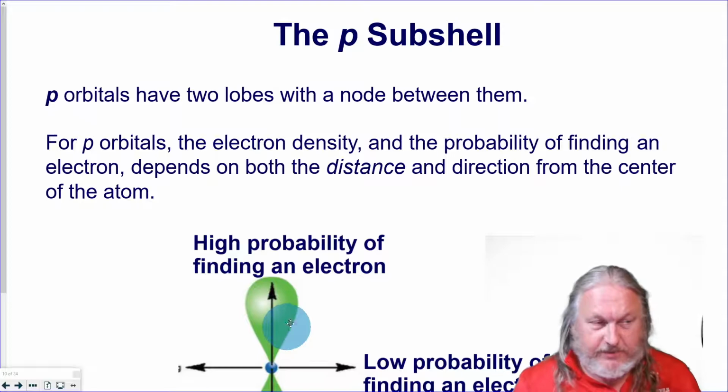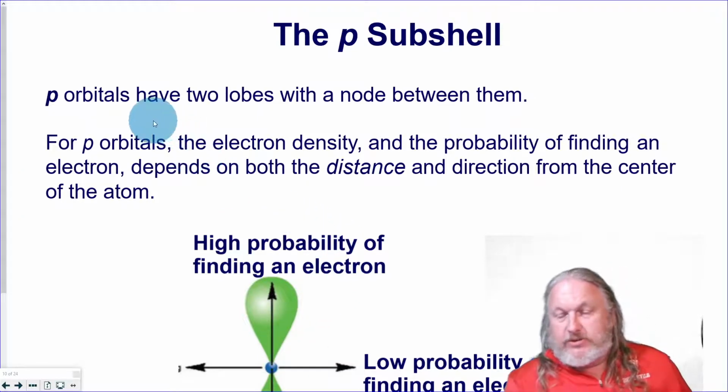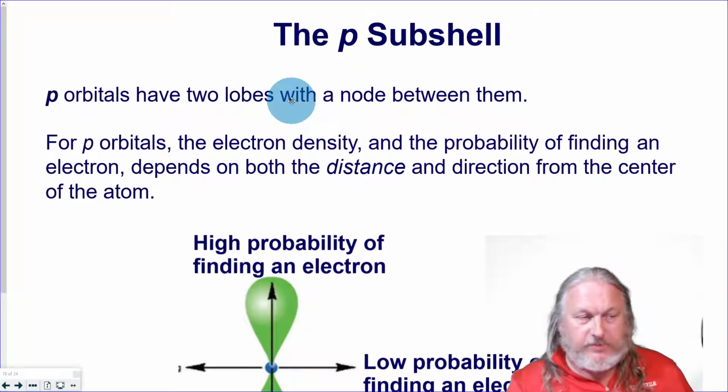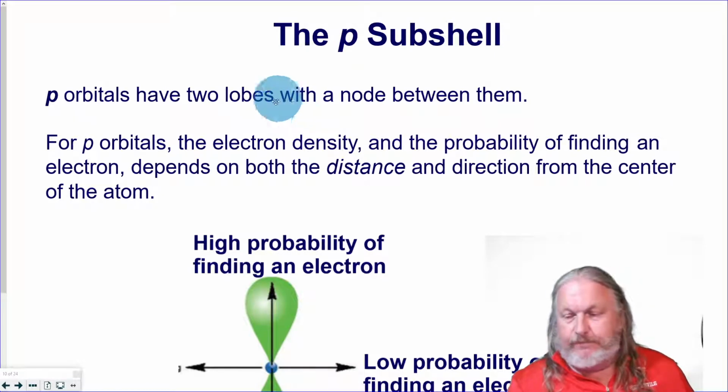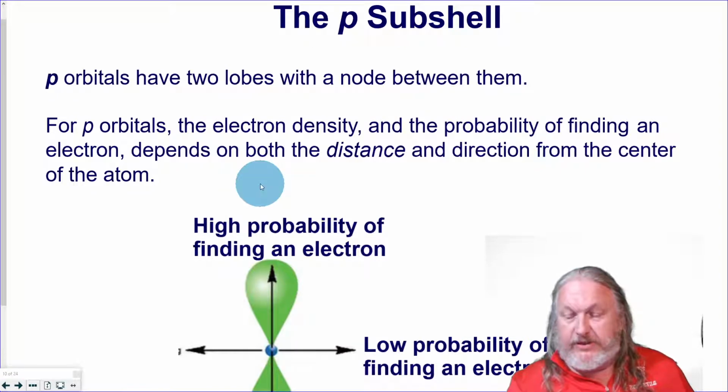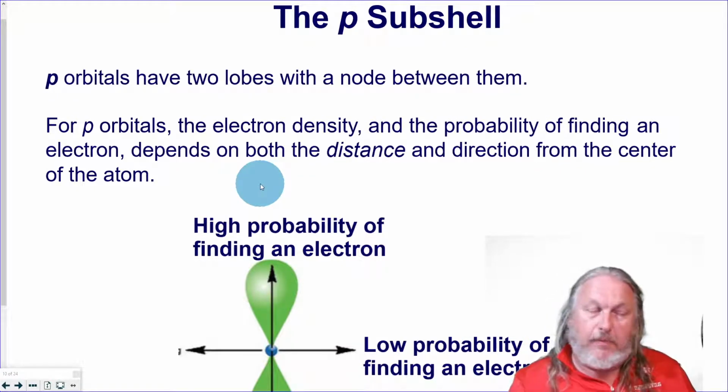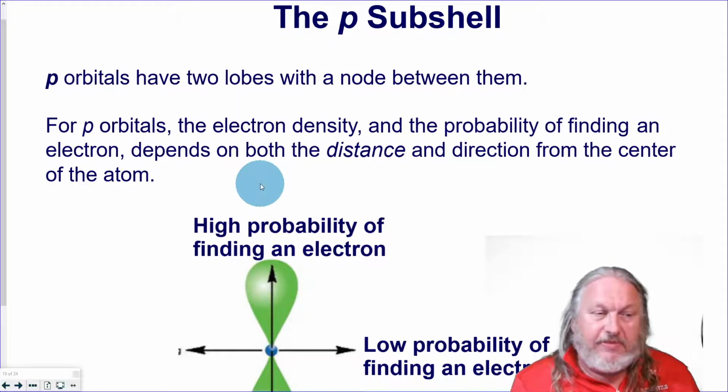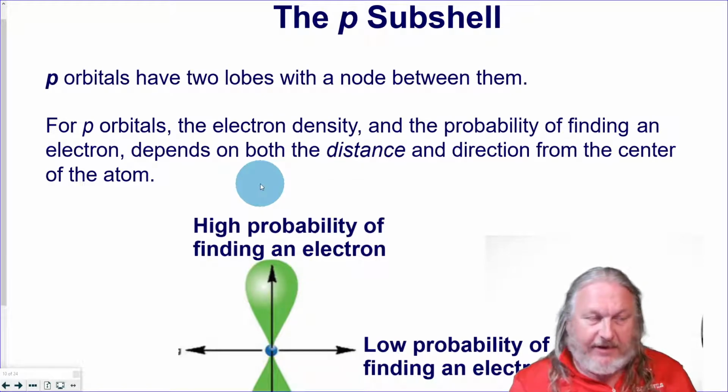Now, the P subshell, they're pretty cool. The P orbitals have 2 lobes, and there's a node around the nucleus between them. For P orbitals, the electron density and the probability of finding the electrons depends on both the distance and the direction from the center of the atom.